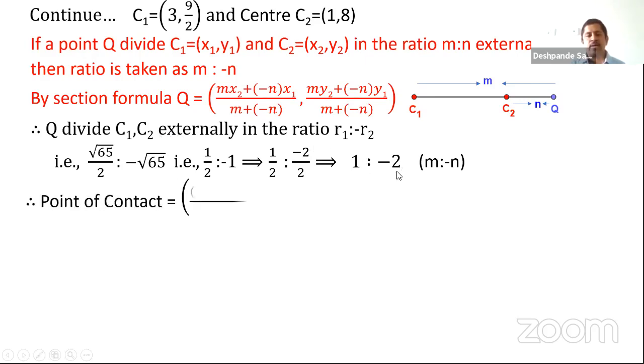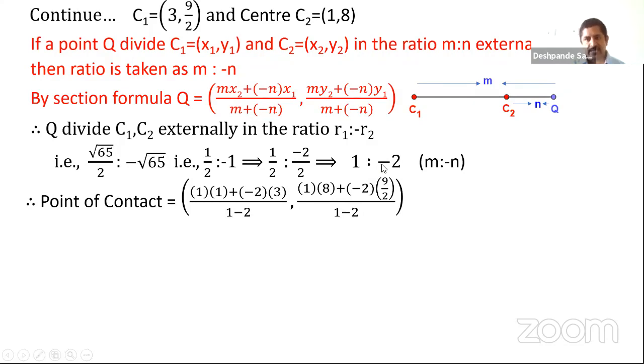So use the section formula here. M value 1, N value minus 2, then you got x1, y1 and x2, y2. So substitute the values here. M x2 is 1 plus minus 2 into x1. x1 is 3. So by denominator 1 plus minus 2, and 1 plus minus 2 is 1 minus 2.